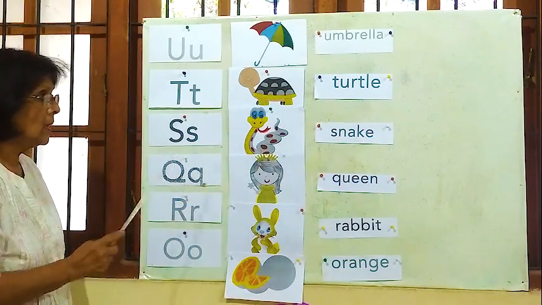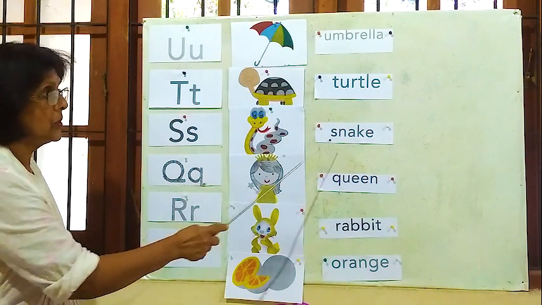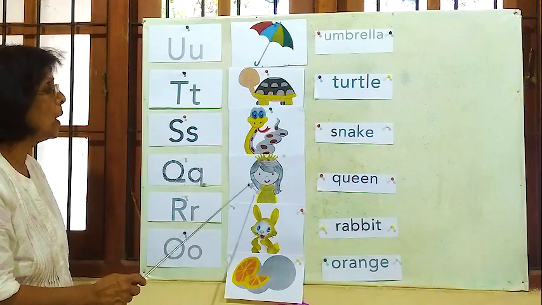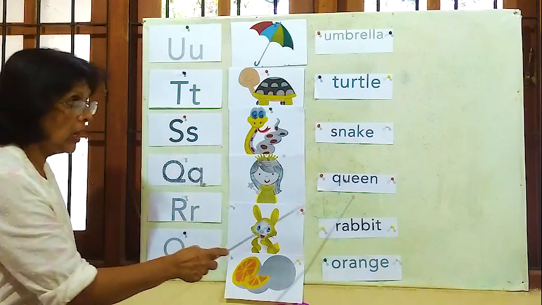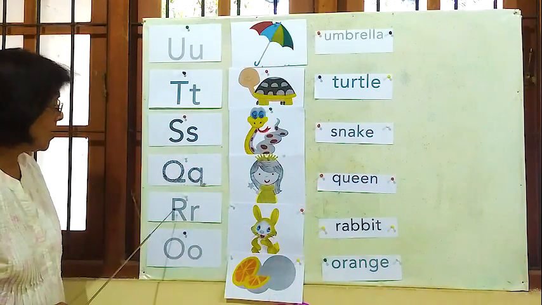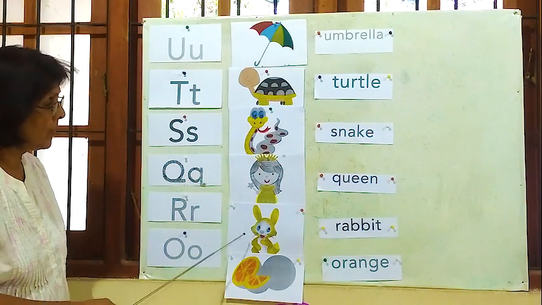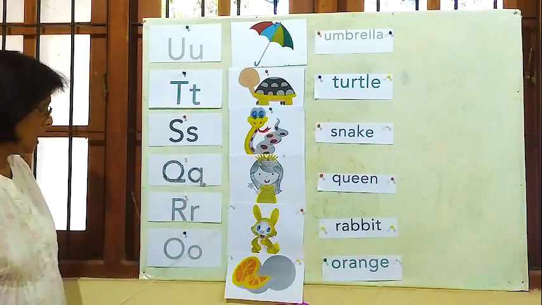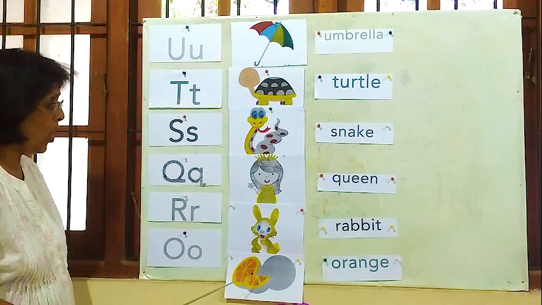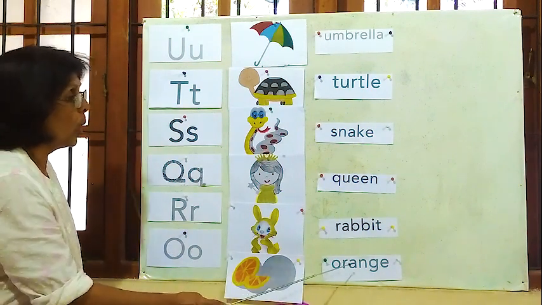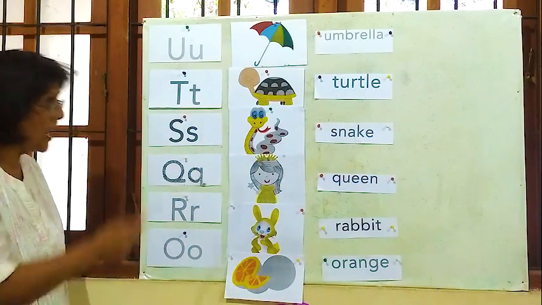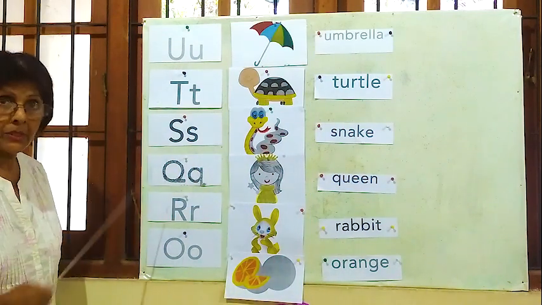S, snake. Q, queen. R, rabbit. O, orange. Here the words, here the pictures and here letters.